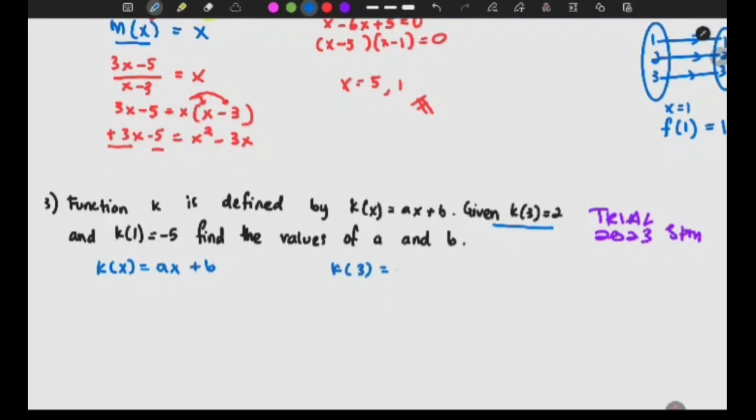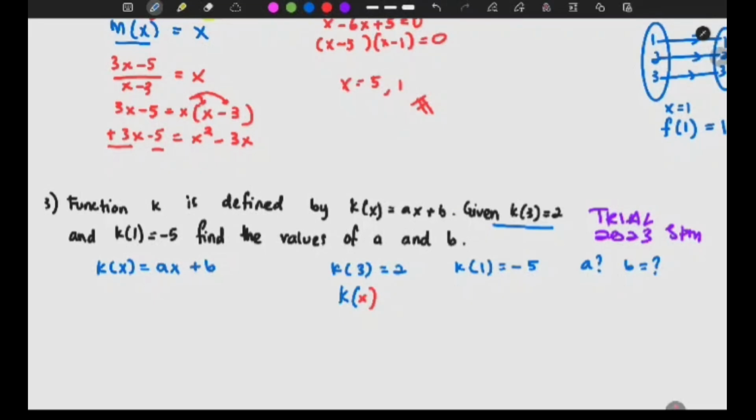So it's so easy. Remember, whatever is inside your bracket, it's always your x, isn't it? And whatever is outside is the k(x), which is the image. So you need to remember whatever is inside the bracket is the x, right?